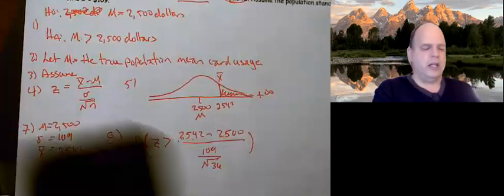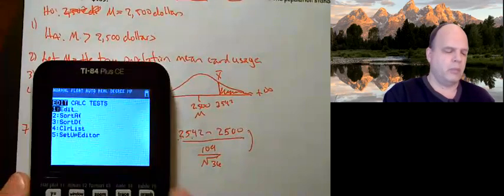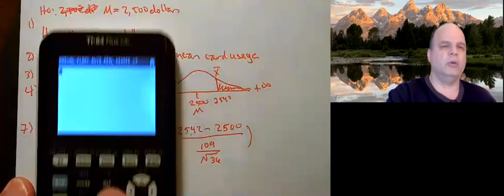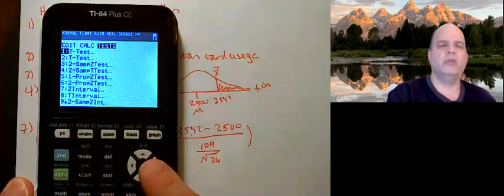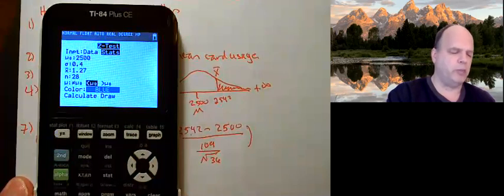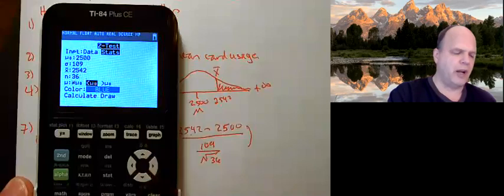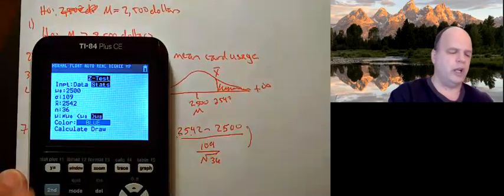Now I'm going to calculate this. I go to stat, arrow over to test, z-test, press enter. Our claim was 2,500 because that's what it's been forever. Our population standard deviation is 109, x bar 2542, sample size of 36, and our alternative hypothesis was a greater than, which matches our graph shaded up to the right.